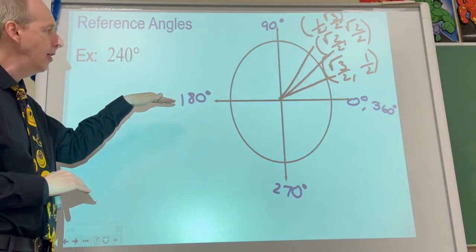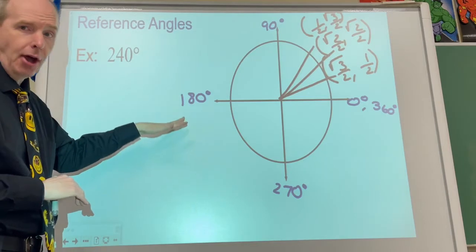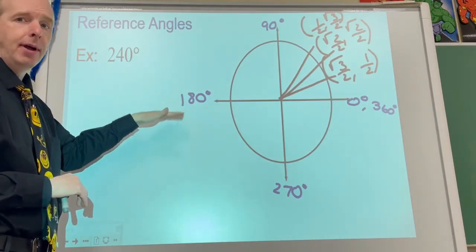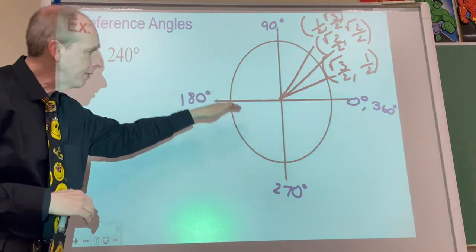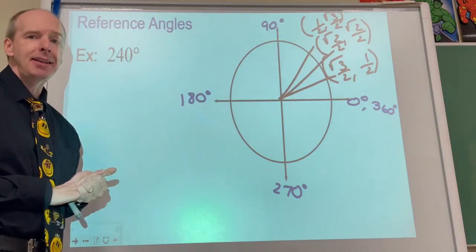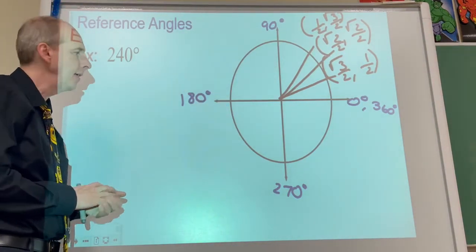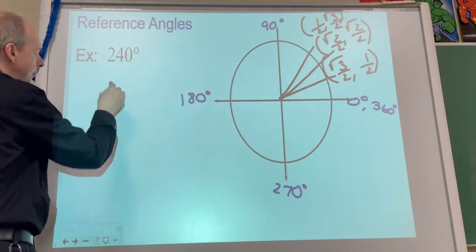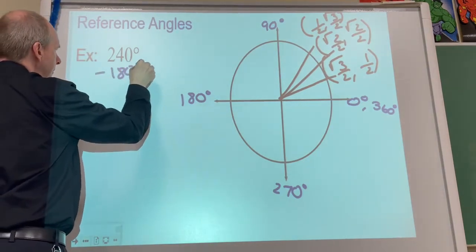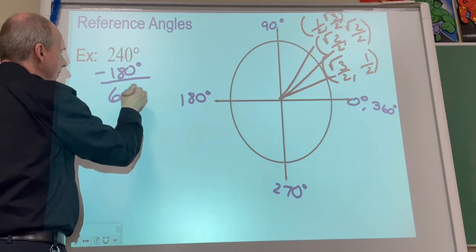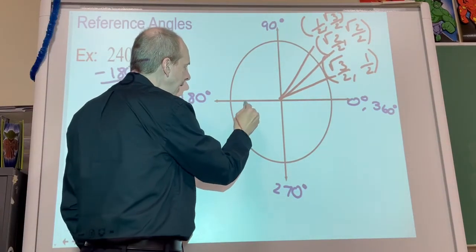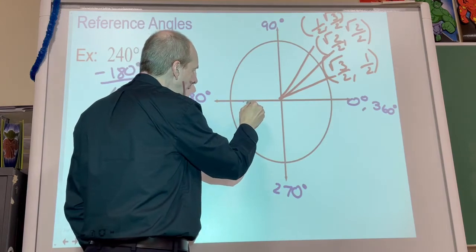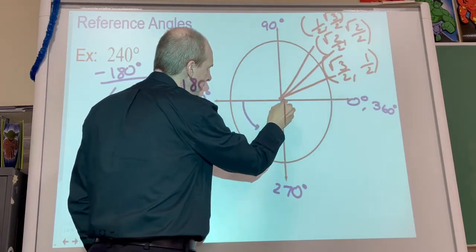How far below 180 is 240 degrees? How many more degrees past 180 do I have to go? Well, I could subtract 180 here. And that tells me that my reference angle is 60 degrees. That means from 180, I'm going to travel down 60 degrees.